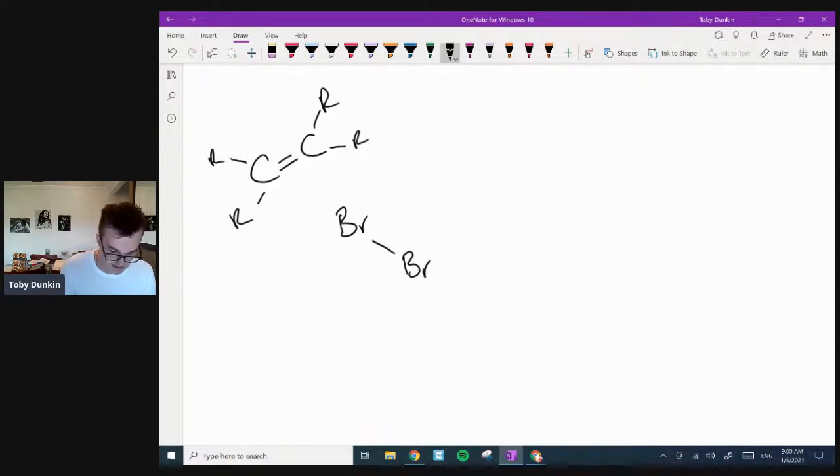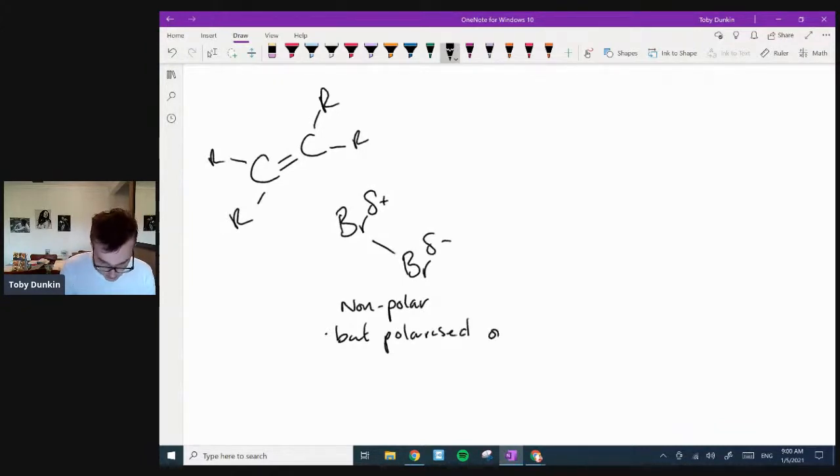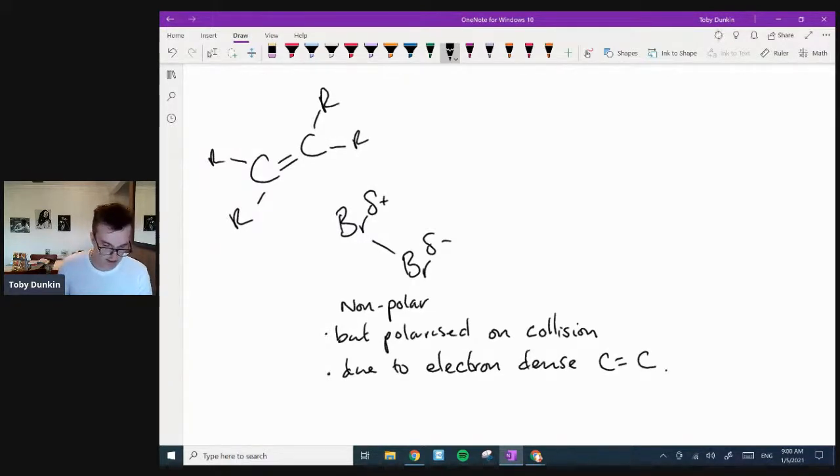Now, bromine itself, the molecule, is non-polar, but it is polarized on collision, re-emphasizing this from a previous lesson, on collision due to the electron dense C double bond. Then the double bond reaches out, the bromine breaks, and we get our intermediate.